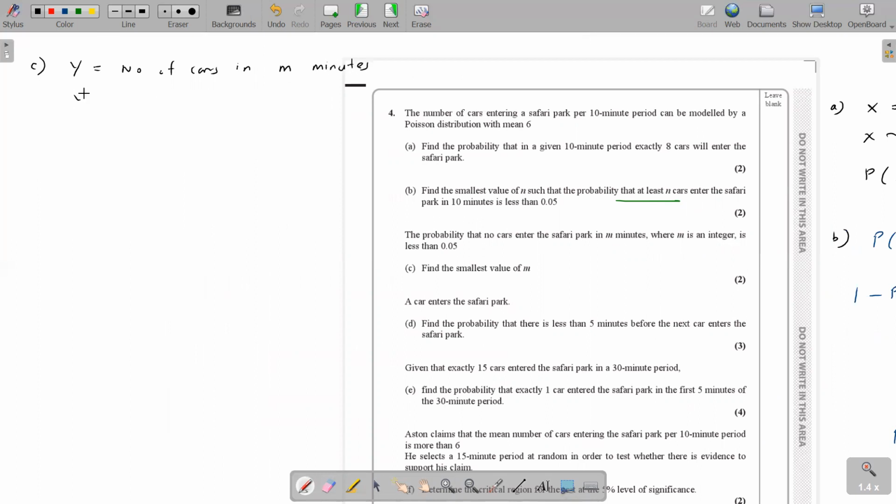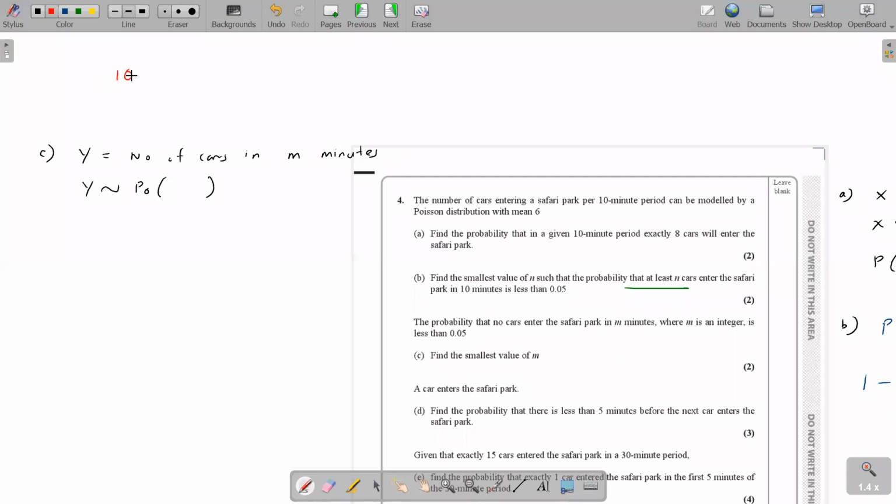So y follows a Poisson distribution. How do you get the lambda value? In a 10-minute period, the mean was 6. So in an m-minute period, what's the lambda? This is the period and this is the rate, the lambda value.